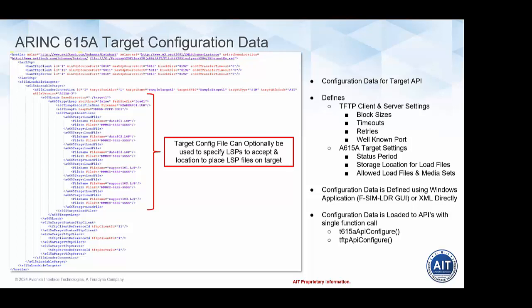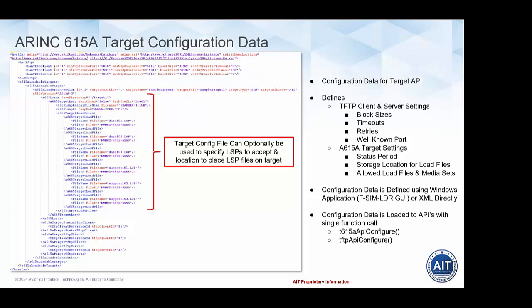So what you can see is you can even, for each software part, specify in the config the path to where you want that part and the files that are part of that part to be placed on the target side. So the reason that we did this and that it's implemented this way, where you have the option to implement that in source code on your target side or in XML on the config side, is this allows the target side, the LRU application, to be much simpler and much more flexible.